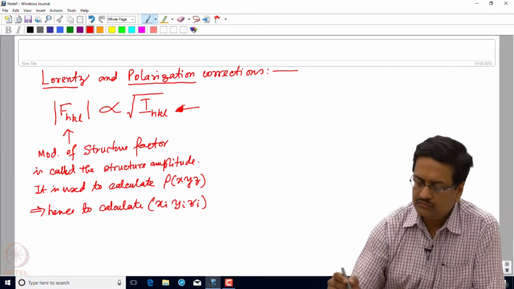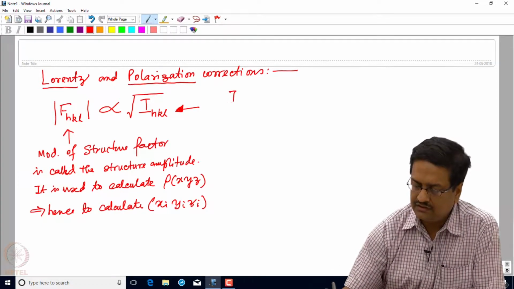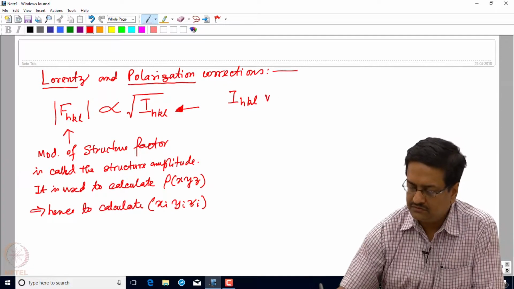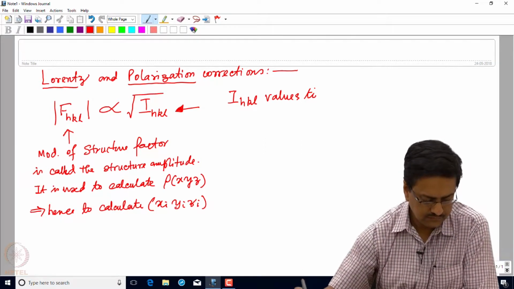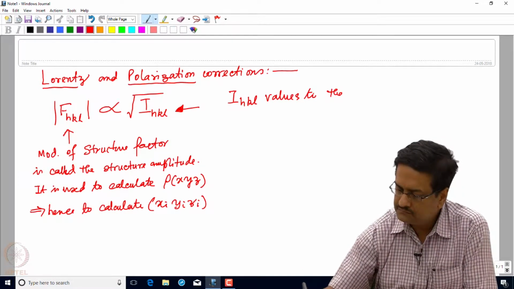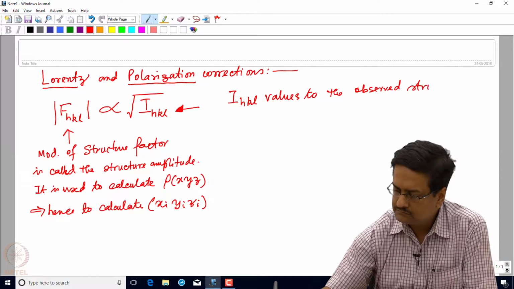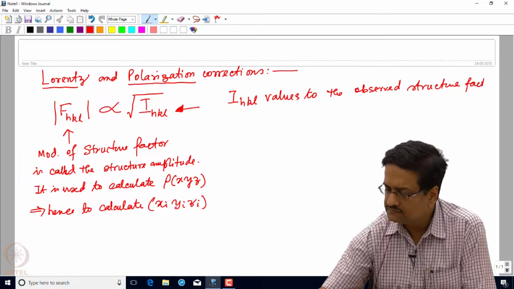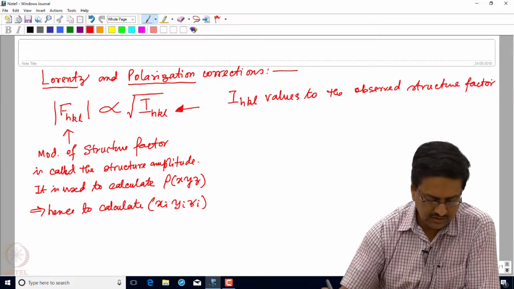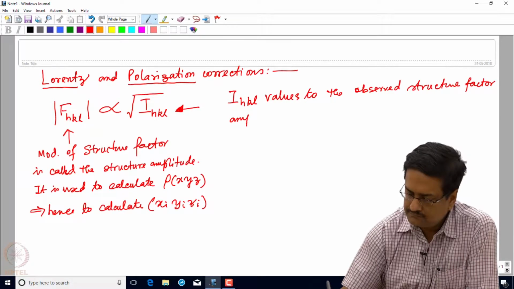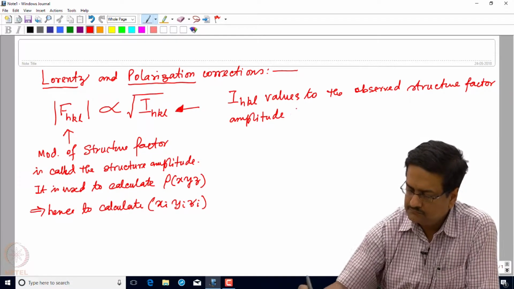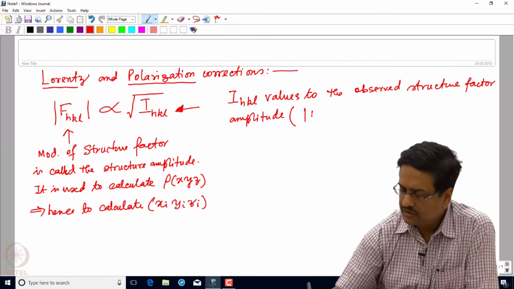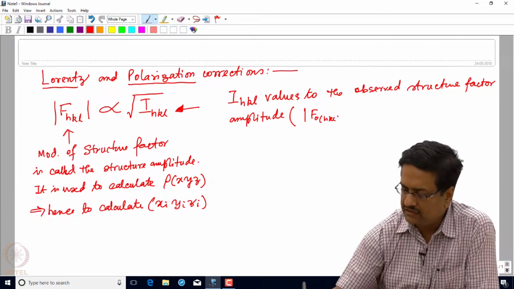So, what we need is to convert the I_HKL values to the observed structure factor amplitude, that we write as F_O of HKL.